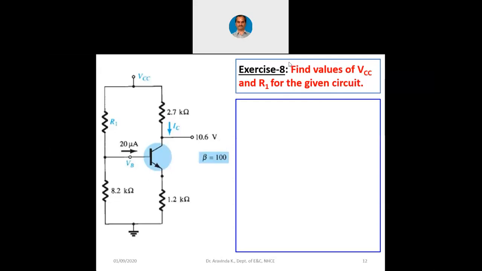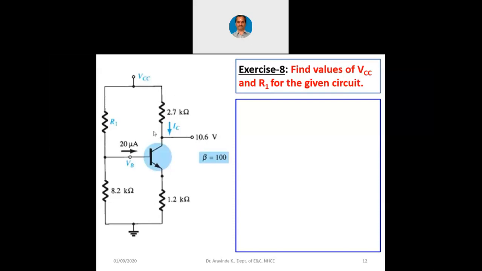Now just think about how we proceed in solving this particular exercise. IB is given, beta is given, so you can easily find out IC. Once you find IC, at the collector 10.6 volts is given with respect to ground. So you can easily find the drop across RC by using the value of IC.